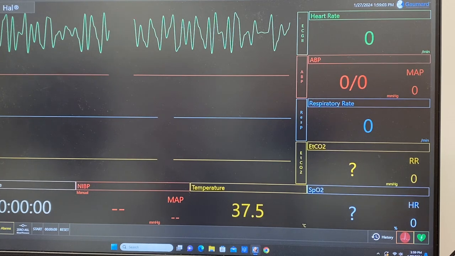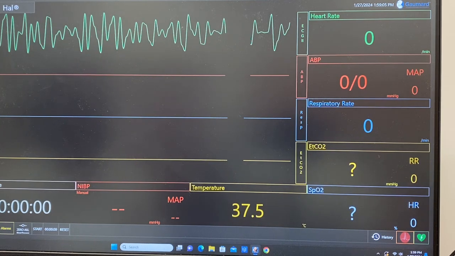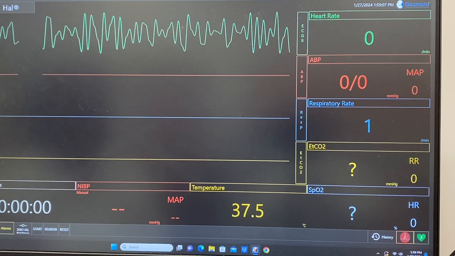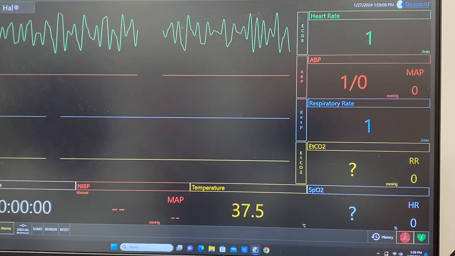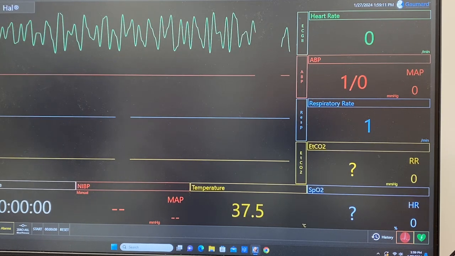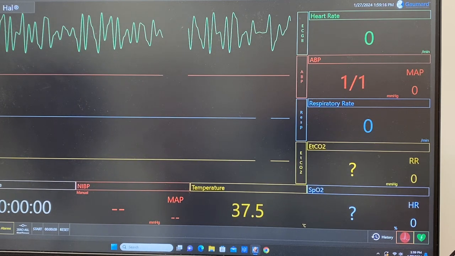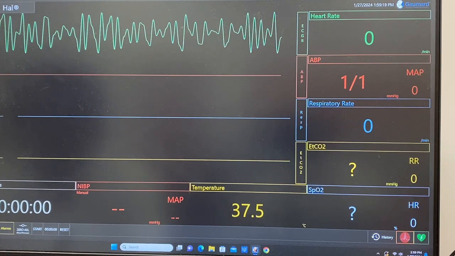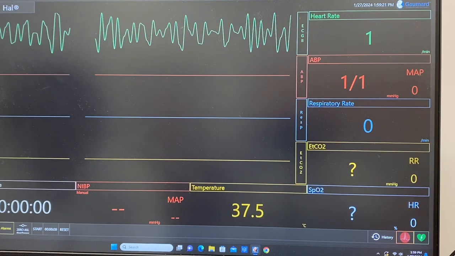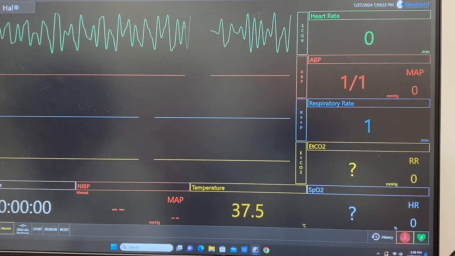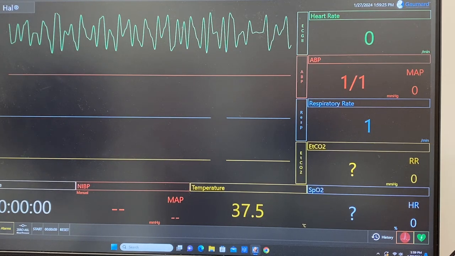You said irregular. Well, it's more than irregular, right? So this is a disorganized rhythm, okay? When you hear that keyword, disorganized rhythm, you want to associate that with a fibrillation.